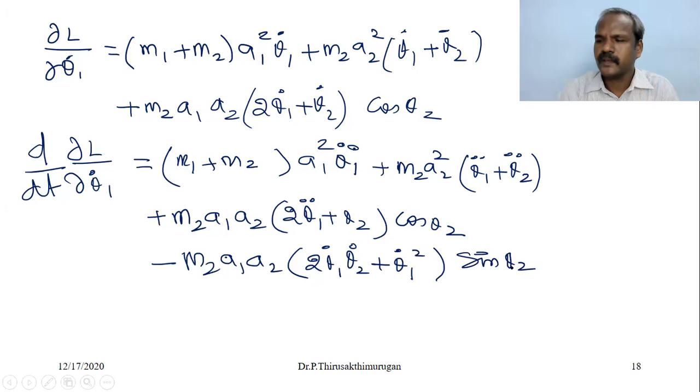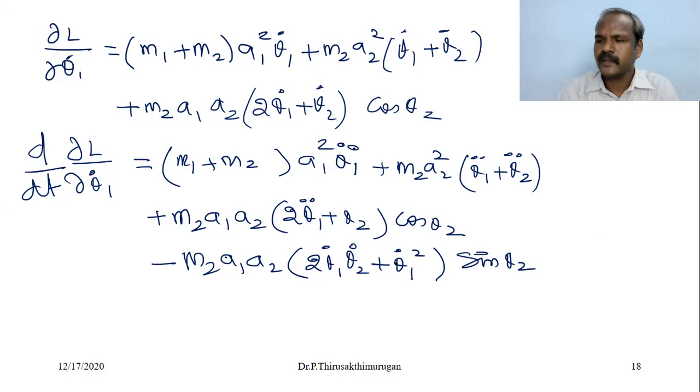So this is d by dt of dou L by dou theta 1 dot. So this is the expression for first link.